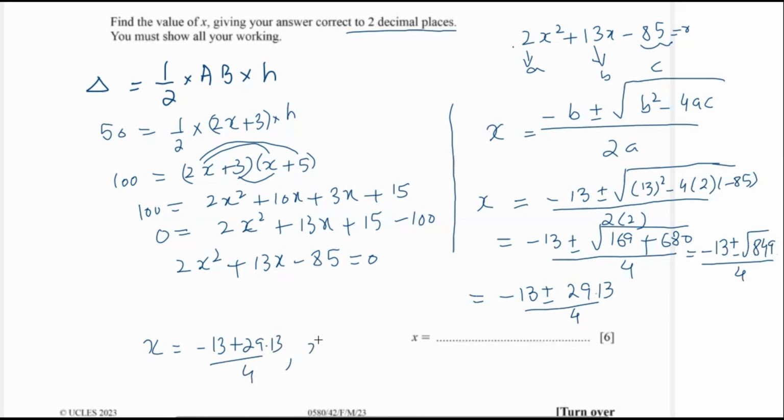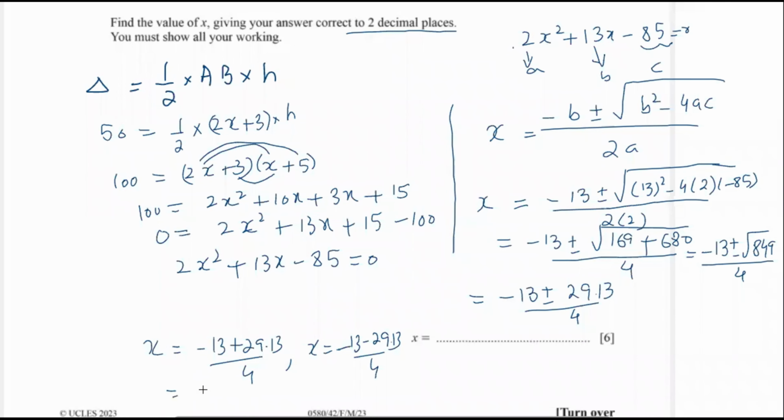And the next value is x equal to minus 13 minus 29.13 over 4. Now that value equals 4.03.